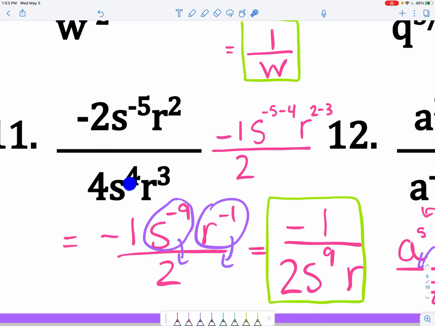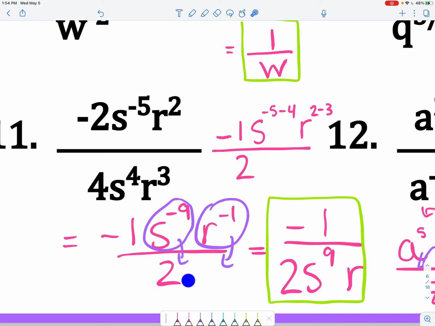And then remember, when you have matching powers, subtract the exponents, but you treat that power as if it's sitting in a numerator. So I wrote my power s in the numerator, subtracted my exponents, and did the same thing with my power with base r. I ended up getting a negative 9 as my exponent on the s and a negative 1.